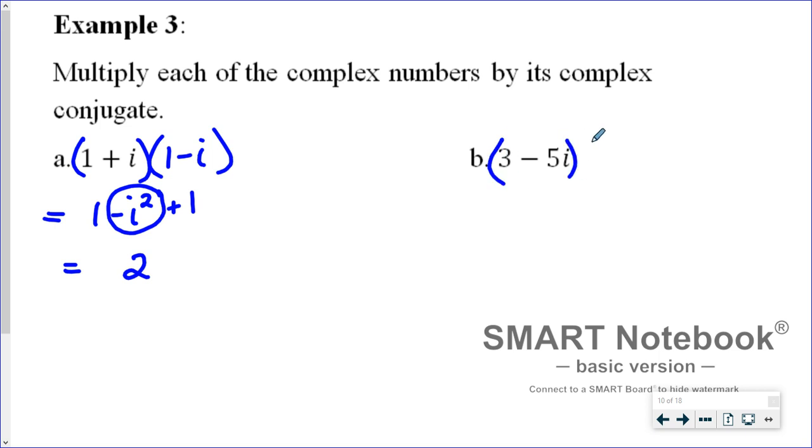Go ahead and take a moment to multiply 3 minus 5i by its complex conjugate, 3 plus 5i.